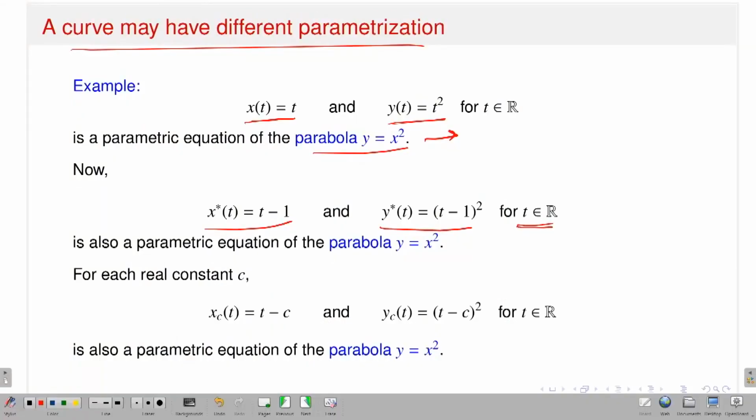One is x(t) = t, y(t) = t squared. Another one is x*(t) = t - 1, y*(t) = (t - 1) squared. In other words, you can club everything: for each real constant c, if I consider x_c(t) = t - c and y_c(t) = (t - c) squared, that is also a parameterization of the parabola y = x squared. So the parabola has various parameterizations, so it is not unique.